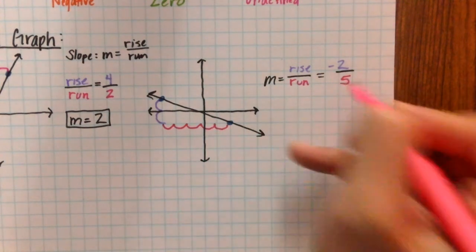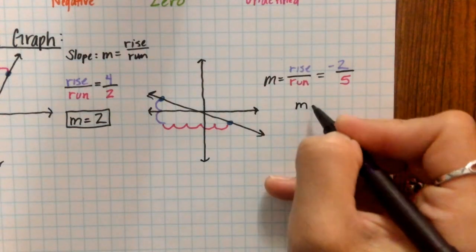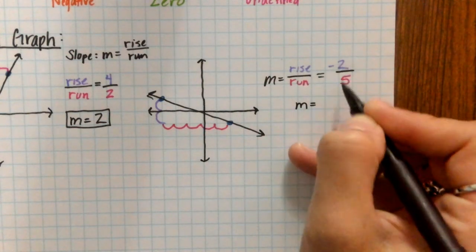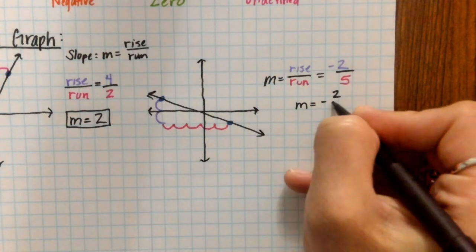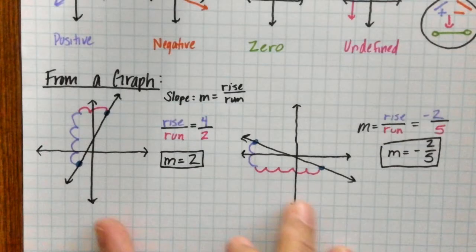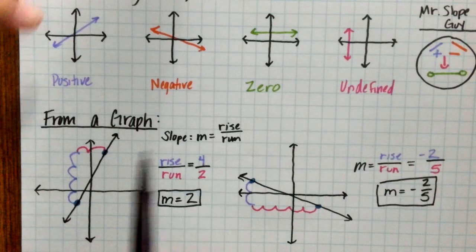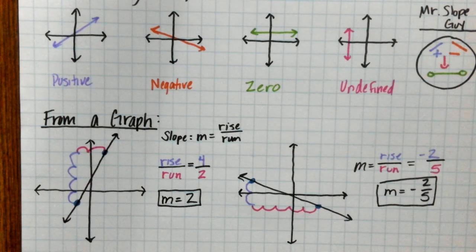There's no simplifying to do, but what you notice is that if either one of those is negative, it makes the whole thing negative. So our slope is a -2/5. And you can also match these lines with what you see up here, positive and negative. Okay, and that's how to find it from a graph using your rise over run.